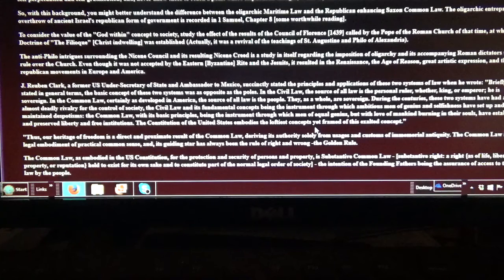During the centuries, these two systems have had an almost deadly rivalry for the control of society. The civil law and its fundamental concepts being the instruments through which ambitious men of genius and selfishness have set up and maintained despotisms. The common law, with its basic principles, being the instrument through which men of equal genius, but with love of mankind burning in their souls, have established and preserved liberty and free institutions.